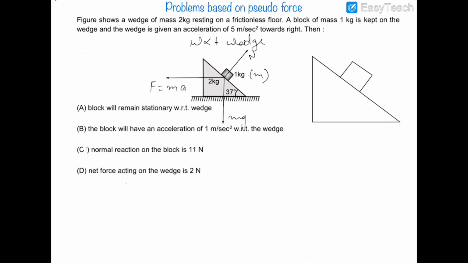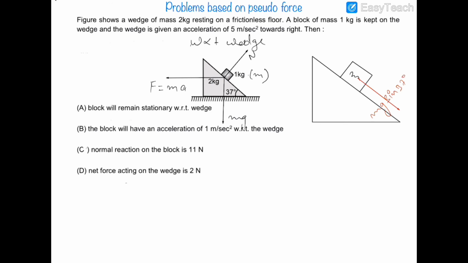The mass of this block is M, and the components will be like this: this is mg sine 37 degree.